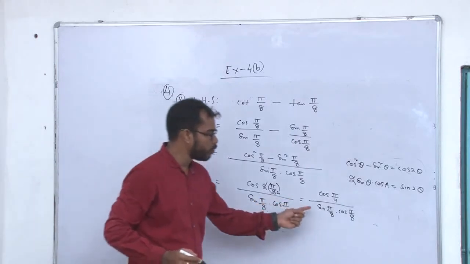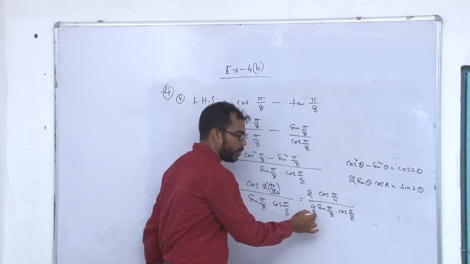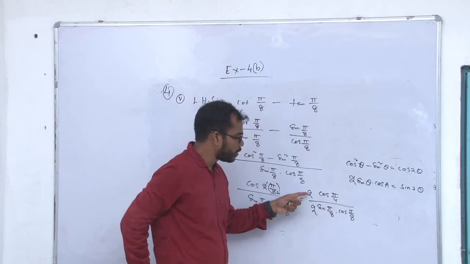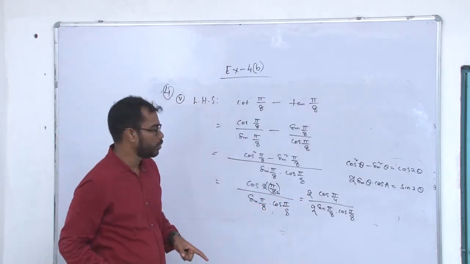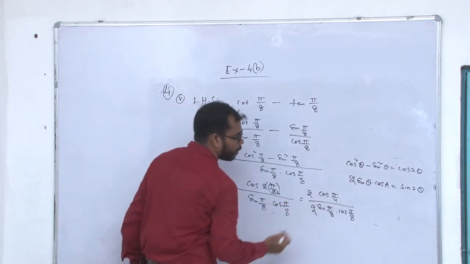Now there is a 2 missing in the denominator, so we multiply both numerator and denominator by 2 to get the formula. So we get 2 into the value of cos pi by 4.